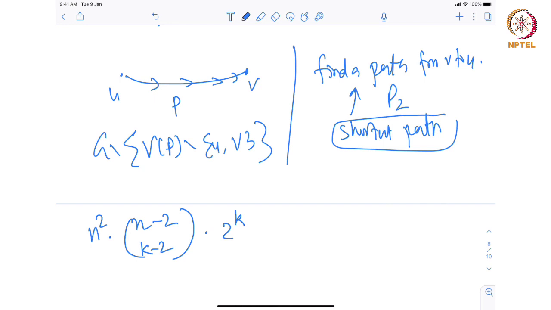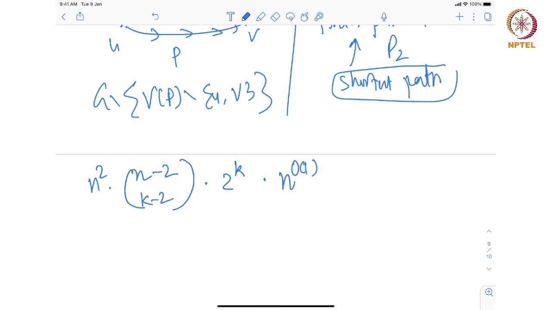So this is the running time, and for each of them I need to find a path, which takes polynomial time. In total this is roughly n to the power big O of k time.